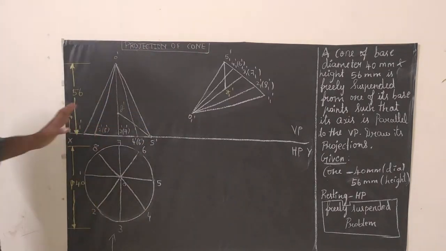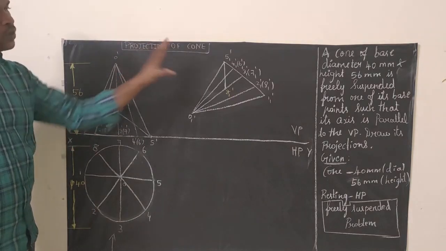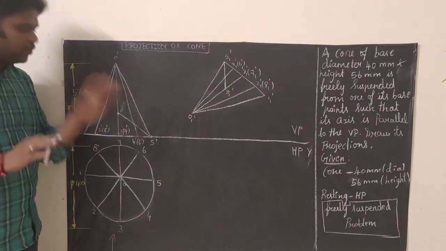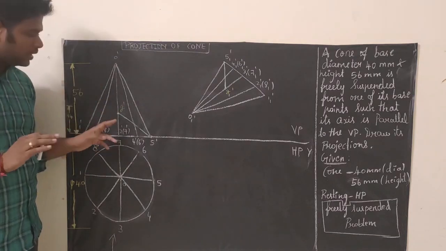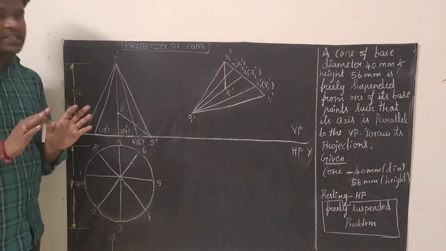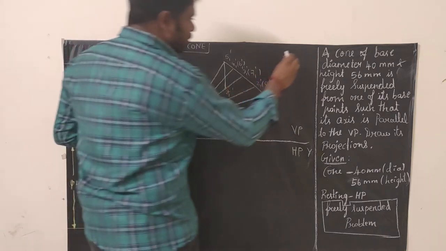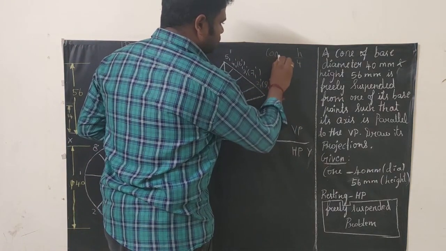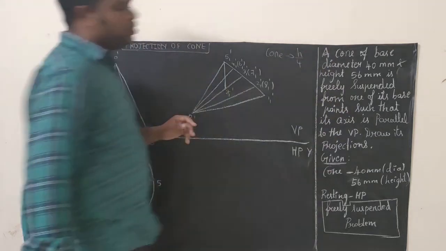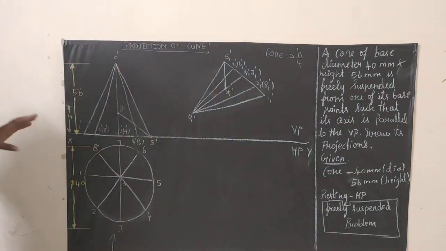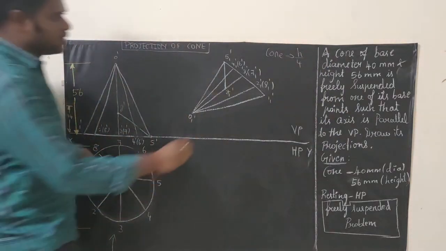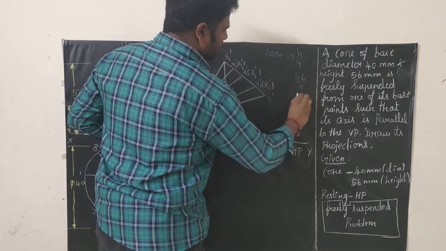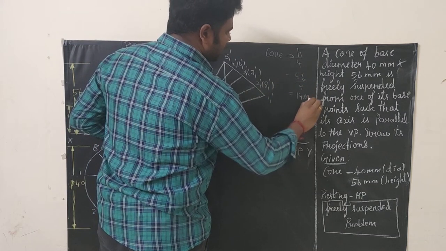Now we will see how a freely suspended solid is handled. As I said before, for a cone the formula for marking the center of gravity is h divided by 4. So here the height is 56, and 56 divided by 4 gives 14 mm.